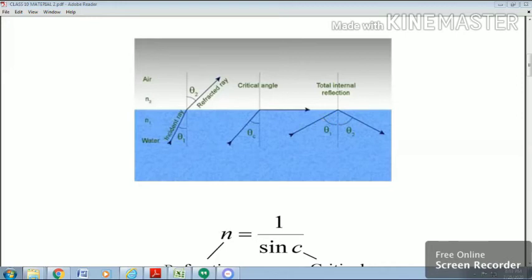So no refracted ray is obtained in this case. Here we get total internal reflection, because the ray going from the denser medium is reflected back in the same denser medium. So whenever we increase the angle I more than the critical angle, we get total internal reflection.